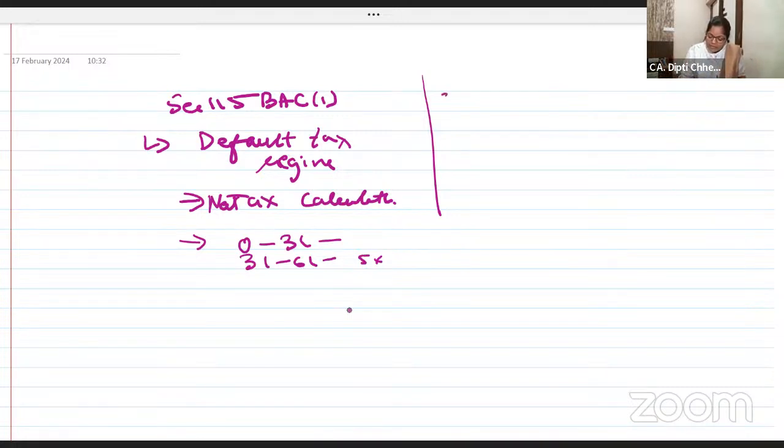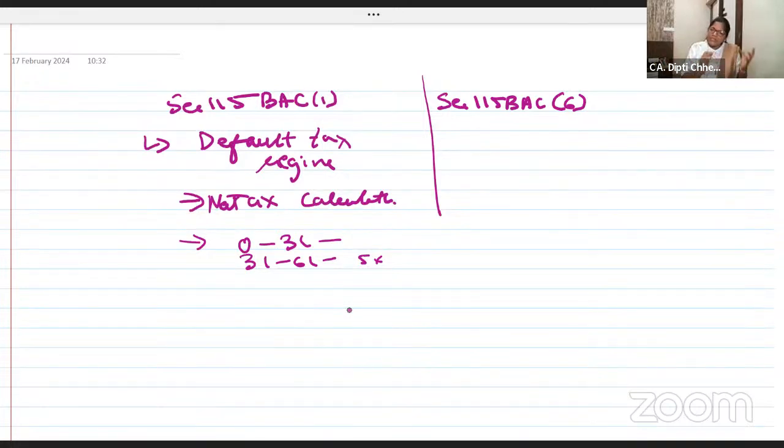Now, if they say in the exam that the person has opted for 115BAC(6), listen carefully. In the upcoming MTP of CMA Inter June 24, in many places they have asked this.